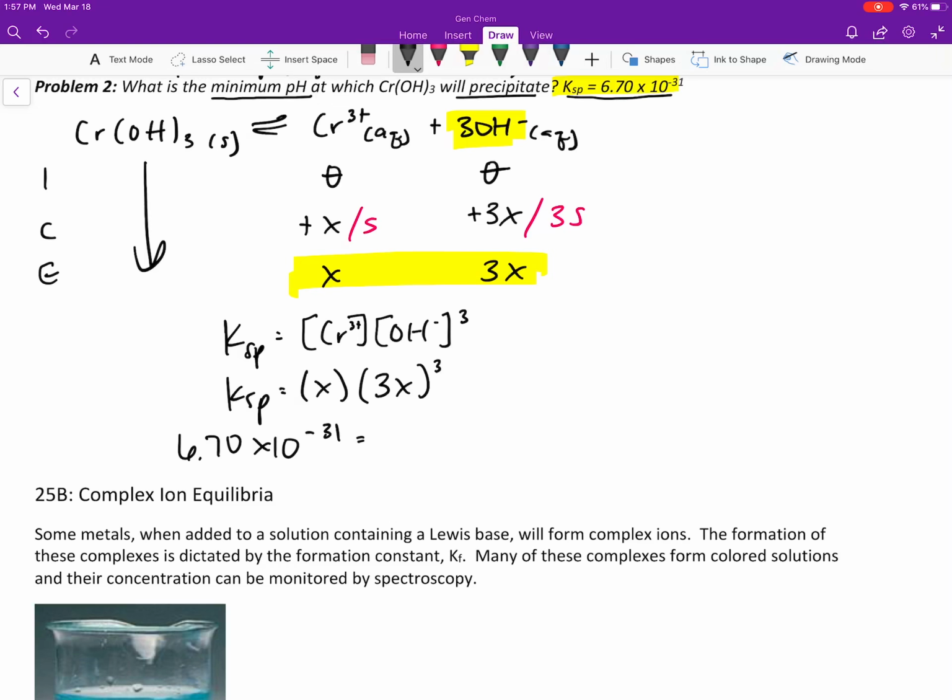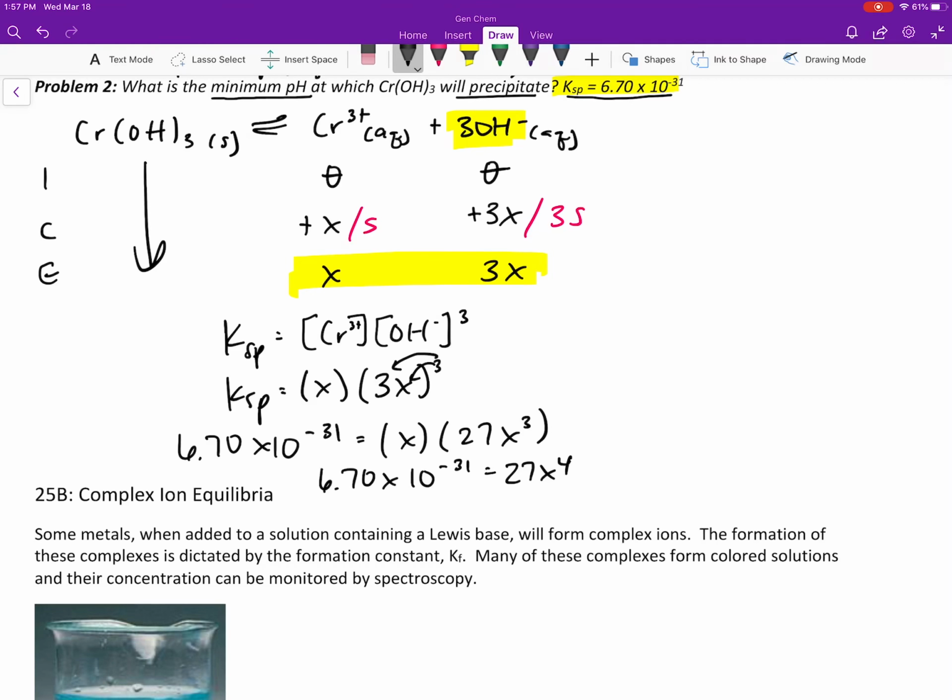It is a very small number. We are going to cube the 3 and the x, so 3 cubed is not 9, it is 27 x cubed. So this is going to leave me with 6.70 times 10 to the negative 31 equals 27 x to the 4th.